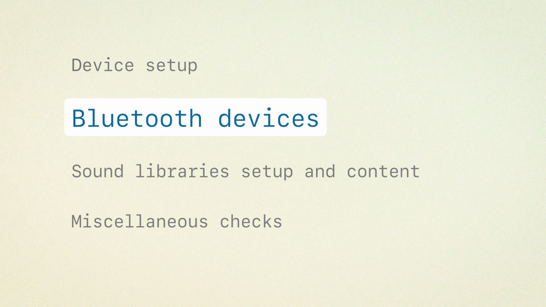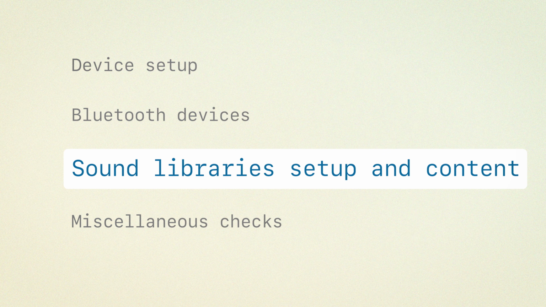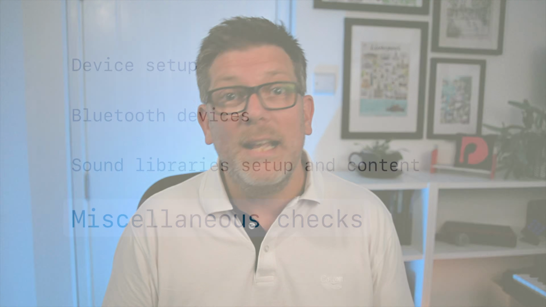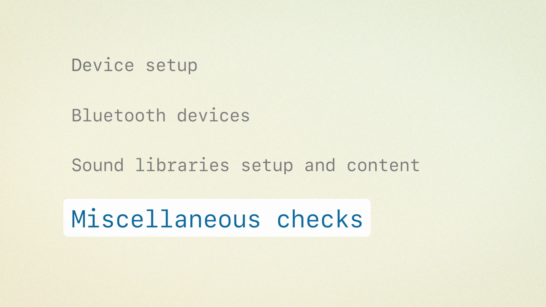Bluetooth devices and the best way to route Dorico's audio to use them. We're going to check you have everything you need installed and configured correctly so that Dorico can access the included sample libraries. And we'll run through a number of things to check along the way that might help with some specific problems.